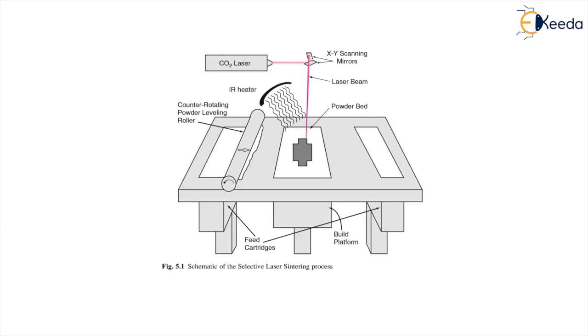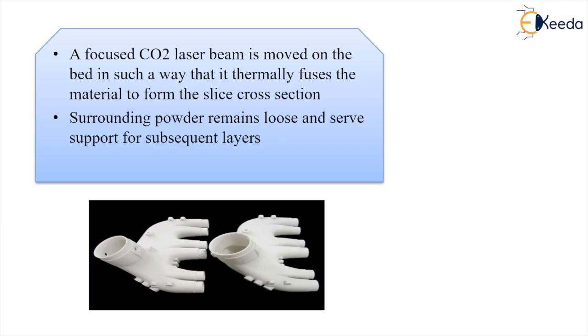After the powder bed is fused by the laser, the roller will again move from here to here and supply the powder. These two are the powder feed cartridges. The process continues till the entire depth of the product is achieved. So this is the SLS.